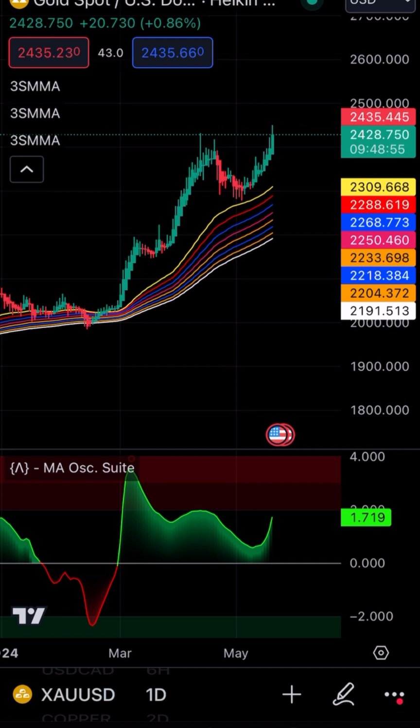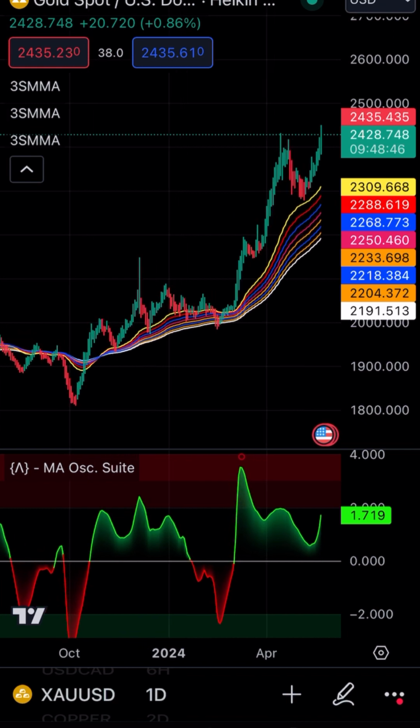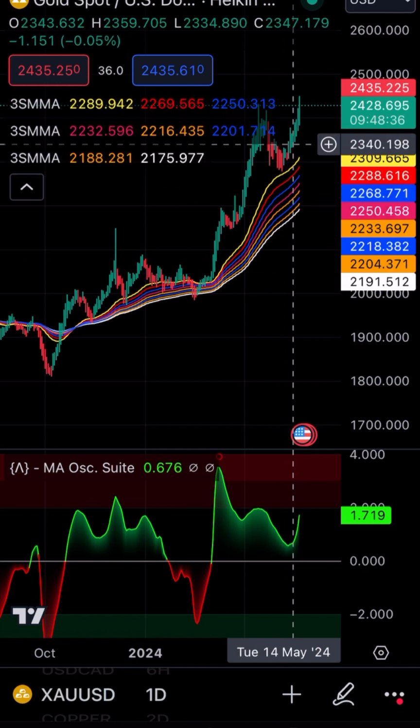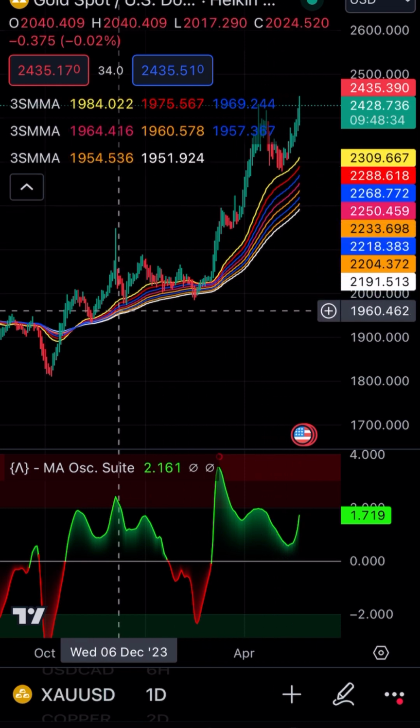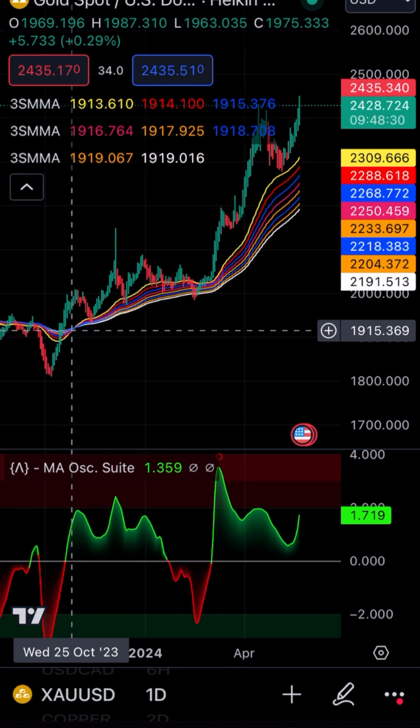And the next thing that you want to do is, we're looking at gold here, so we're going to look at the day chart. The first thing you want to look for is when it crossed. When did it cross with the rainbow strategy on the day chart? We can see that gold had crossed right here, and that was on October 25th.